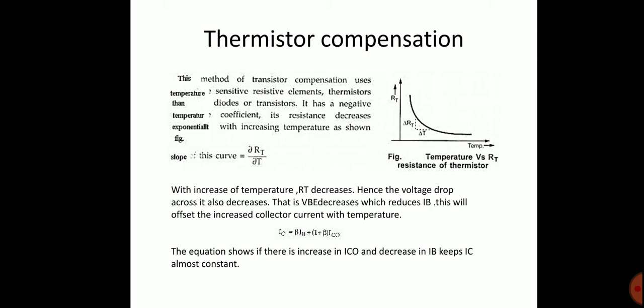With the increase of temperature, RT decreases, hence the voltage drop across it also decreases. That is, the base emitter voltage decreases, which reduces the base current. This offsets the increase in collector current with temperature. Finally, the collector current is equal to beta IB plus (1 plus beta) into the collector leakage current. These equations show that the increase in ICO and the decrease in base current keep the collector current almost constant.